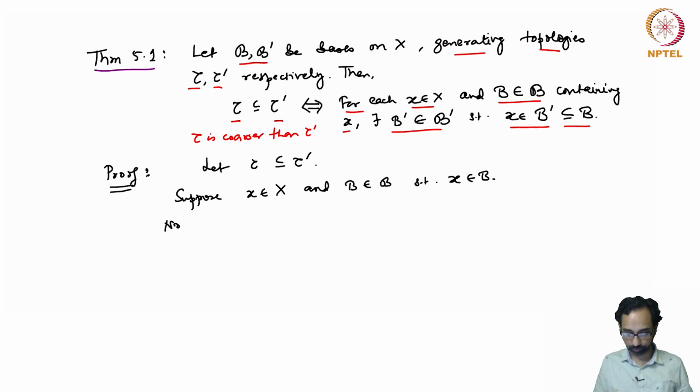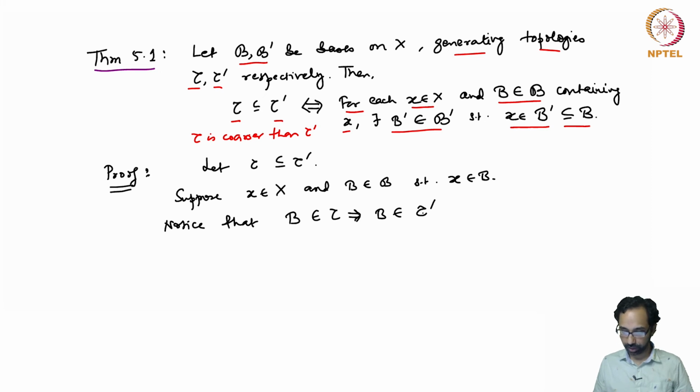So notice that B already belongs to this topology tau, because we have seen that every basis element is an open set by the way we define the topology tau generated from the basis B. It is easy to see that any basis element is already an open set, and B belongs to tau, and tau is a subcollection of tau prime. So this implies that B belongs to tau prime.